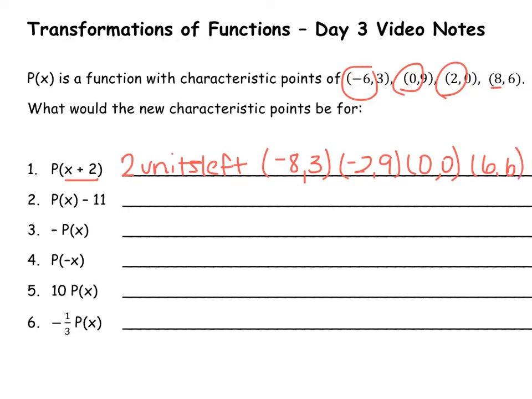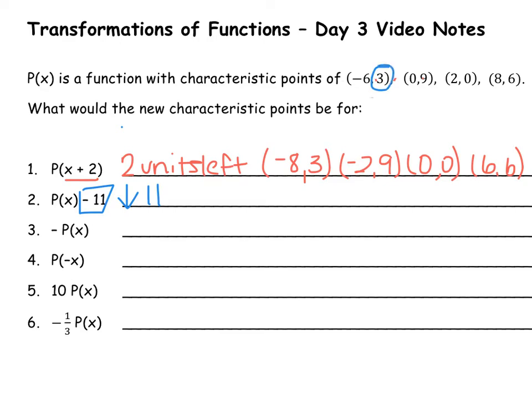So let's look at what happens if the translation is not inside the parentheses, like in number 2. This translation affects the y values. Our first one affected the x values. So this means it is going to be 11 units down. And that means we are going to subtract 11 from, in this case, the y value.